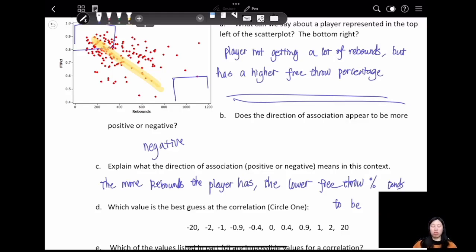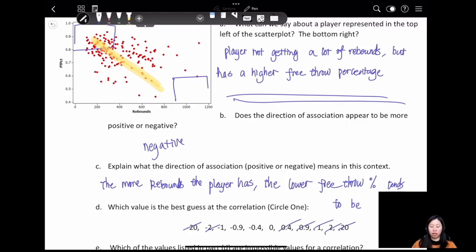So what value is the best guess at the correlation? Circle 1. Remember, correlation is a value between -1 and 1, right? Whenever it's outside of -1 and 1, we know that it's impossible. So we can cross these two. Since this is negative, going down, we can cross the positive ones.